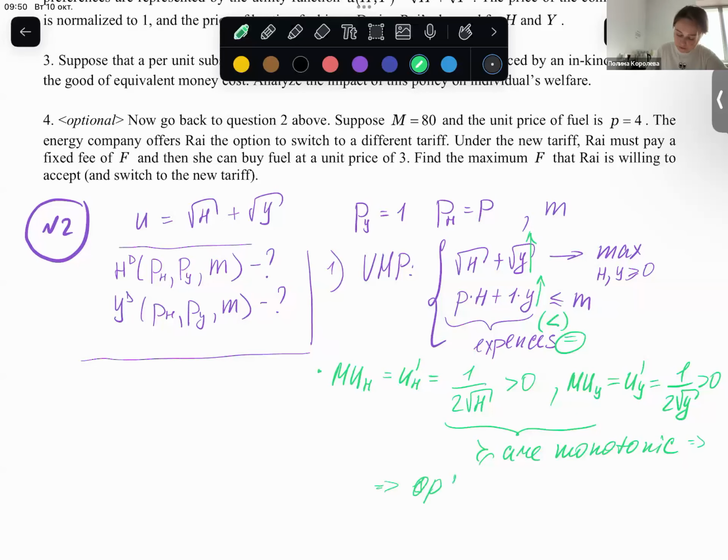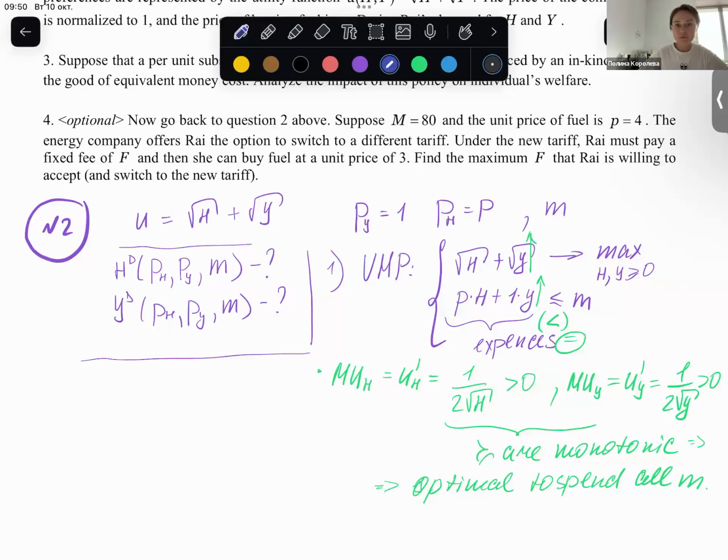It is optimal to spend all monetary income. Okay, so now we proved that our optimal bundle will lie on our budget line. Okay, and then we're ready to solve the utility maximization program.